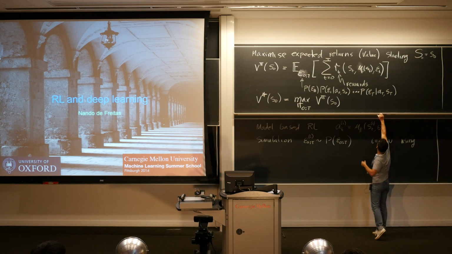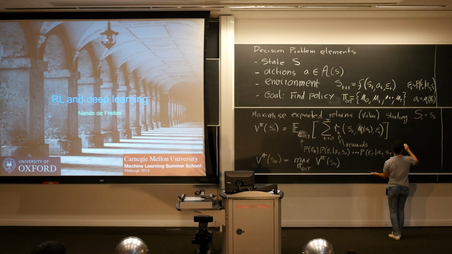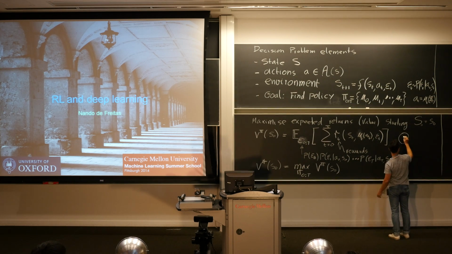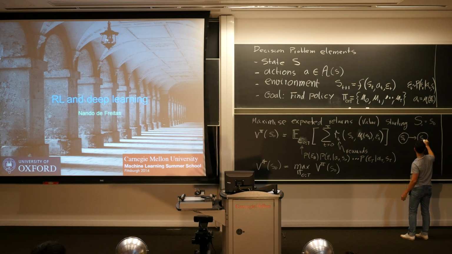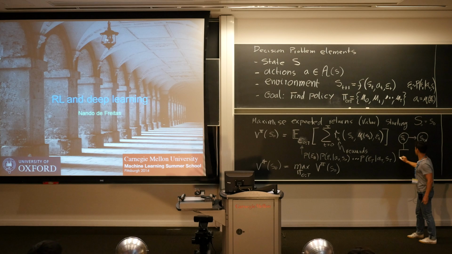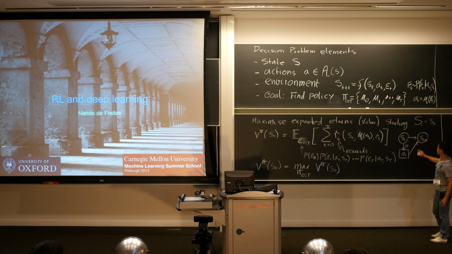Probably I should draw the graph here. The type of graph I have is one where I'm transitioning like this: I have a state variable that transitions to another state variable. I have a deterministic policy parameterized by a parameter theta that gives me the action. And then the new state is a function through the function f, and through the probability distribution p, I generate the next state.